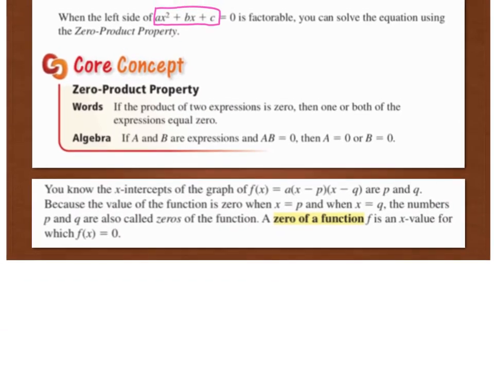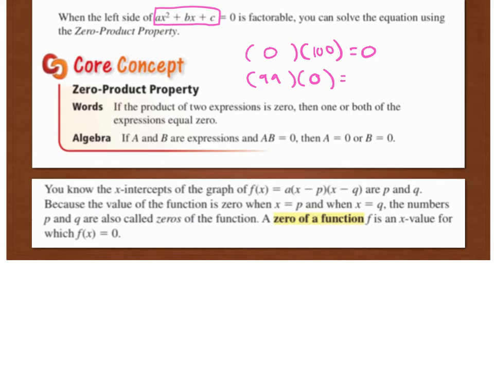And then this talks about the zero property. So if we have two factors here, and it's equal to 0, if one of these numbers is 0 and the other number is whatever, it could be any number, 0 times anything is 0. We could also have our second parentheses be 0, and our first parentheses be some other number.